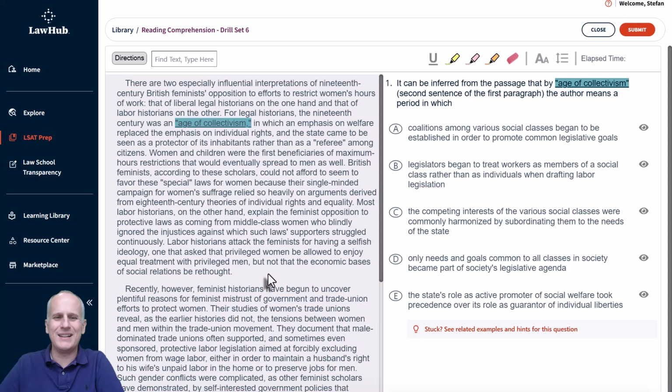There are two especially influential interpretations of 19th century British feminists' opposition to efforts to restrict women's hours of work, that of liberal legal historians on the one hand and that of labor historians on the other. For legal historians, the 19th century was an age of collectivism in which an emphasis on welfare replaced the emphasis on individual rights, and the state came to be seen as a protector of its inhabitants rather than as a referee among citizens.